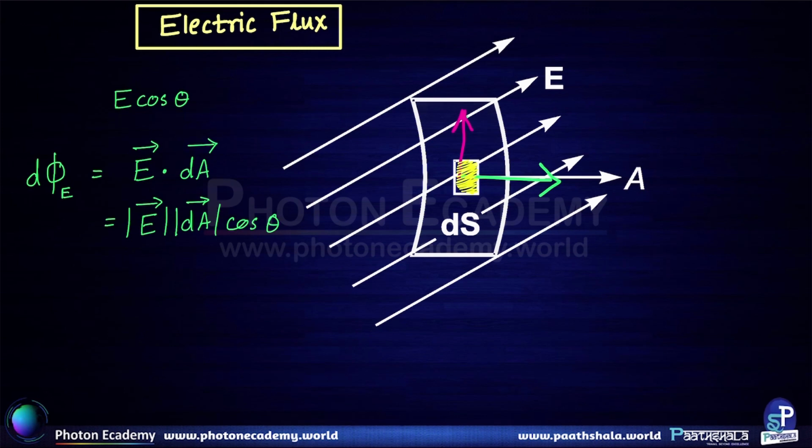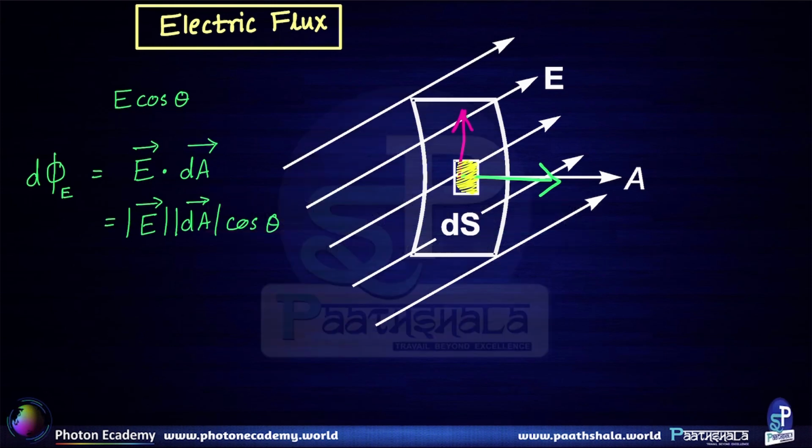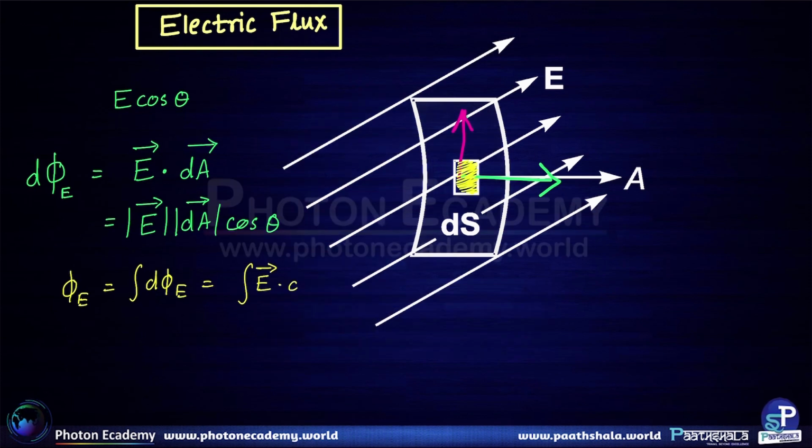But if we integrate, we'll get the entire area of the surface dS. So the entire flux phi E will be equal to integration of d phi E, which will be equal to integration of E dot dA.